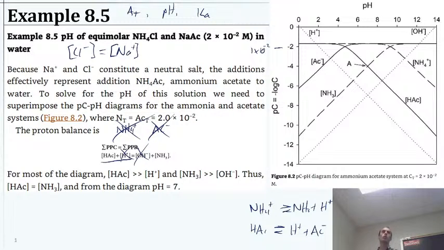That could change, I think, if we had something with a different pKa. So it might not be pH 7, even though that feels like it should be. I think this is a special thing between ammonium and acetate. The pKa's are approximately the same distance from pH 7. Does that make some sense?